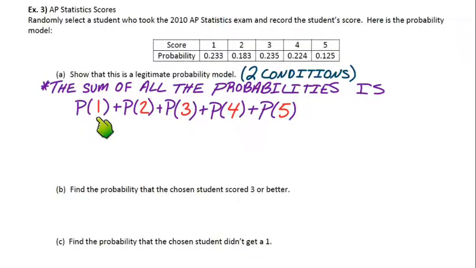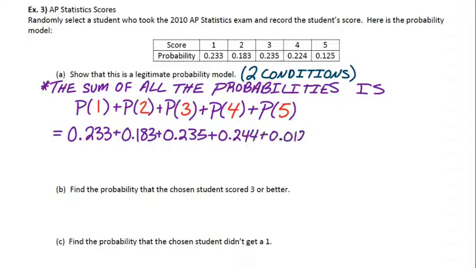So probability you get a 1, probability you get a 2, and so on. We have to check by adding those up, and indeed it equals 1.